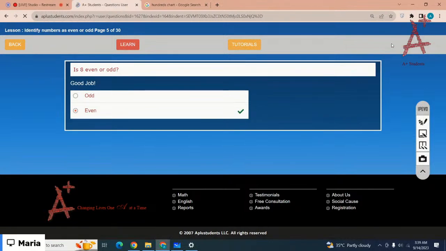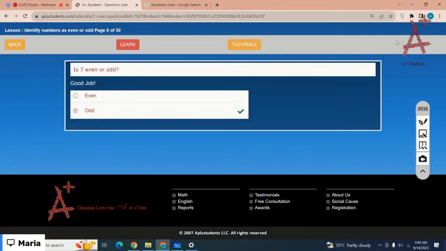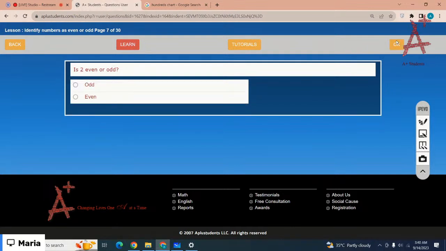So 8 is an even number. Is 7 even or odd? 7 is an odd number. You cannot divide 7 by 2 completely, right?